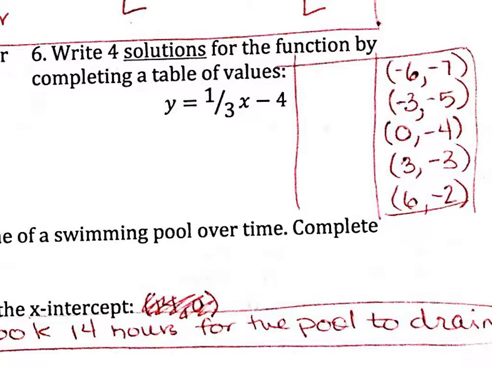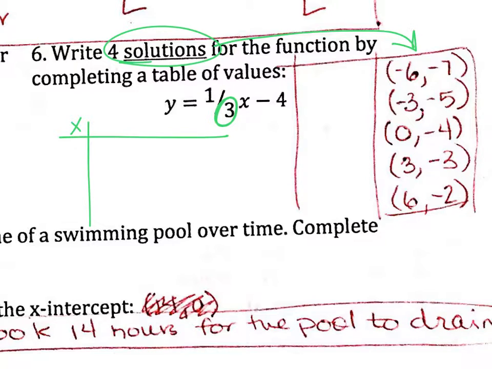Okay, on question 6, I've actually just given you the answer, so I'll talk about when you see solutions, that means I need ordered pairs, so make sure you understand that. If you have to complete a table of values with a fraction, remember to use the denominator to pick your domain values. So here, because my denominator is 3, the domain values that I would want to pick for x are going to be numbers like -6, -3, 0, 3, 6, 12, 18, right?